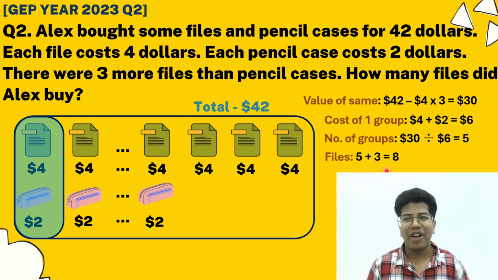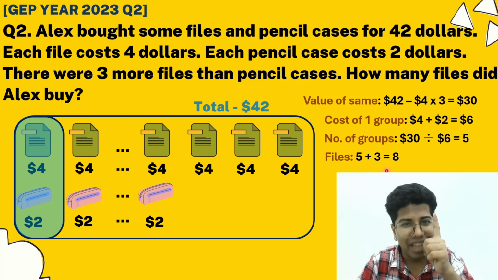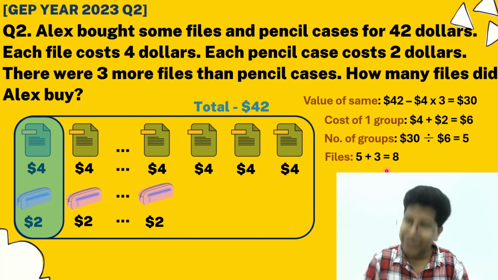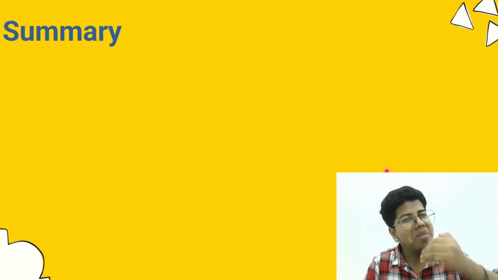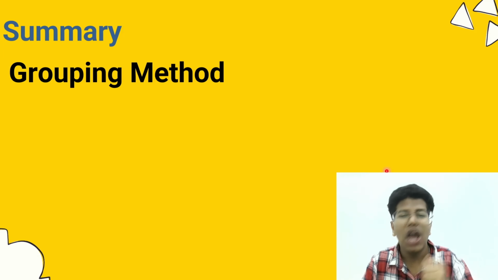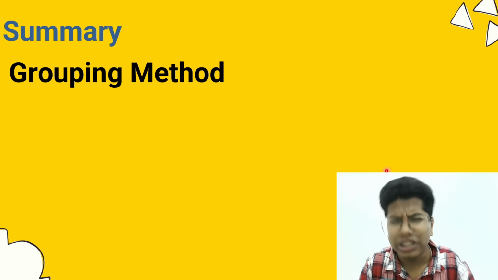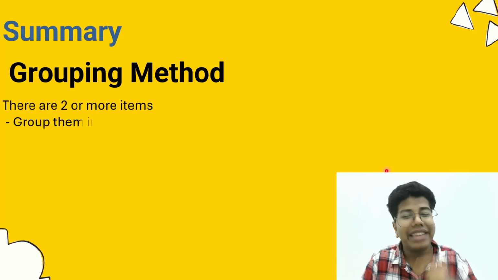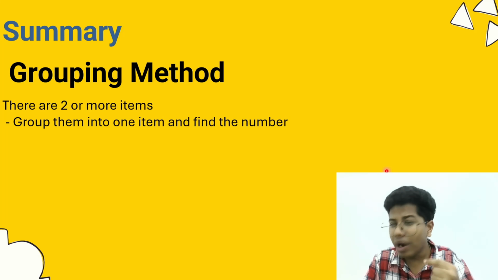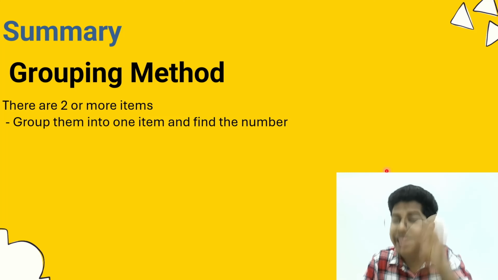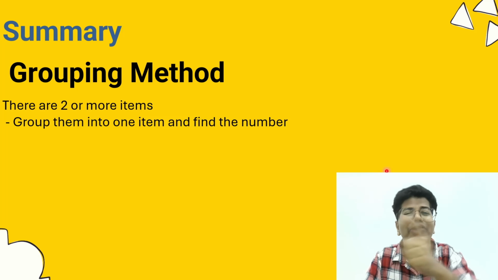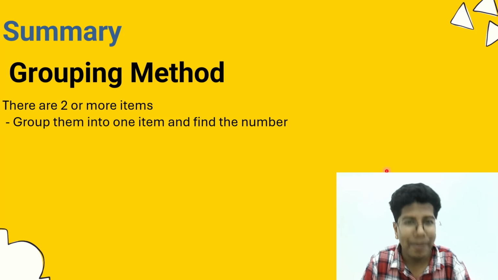After getting the number of groups, we can easily find out the group for 1. So, the summary: here, we have used the grouping method. But when to use this grouping method? When there are 2 or more items, we can group them together in one item, and then find out the number of groups to find out the actual number.